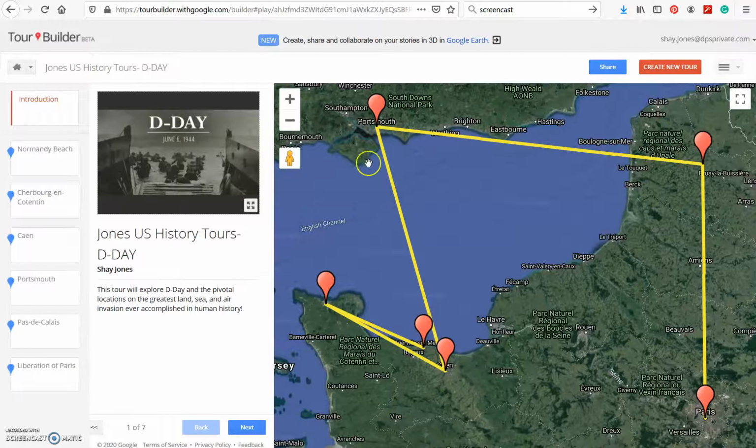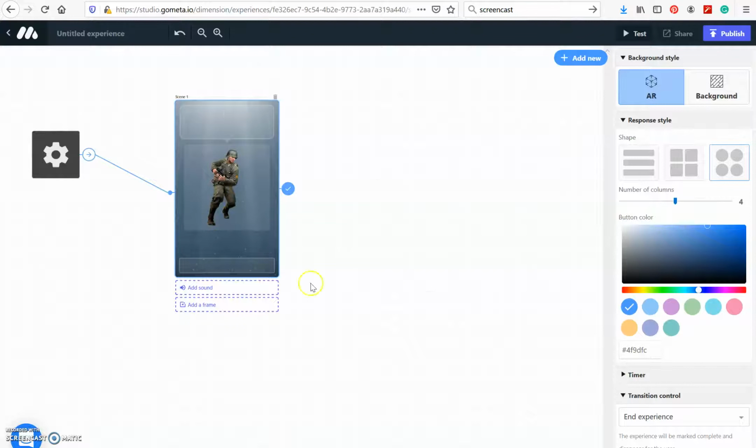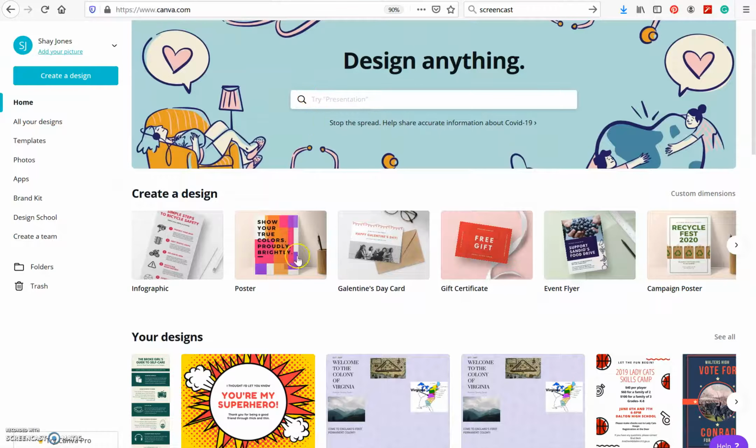I would show them this tour that I created for D-Day. Their main focus is location, and how does location impact the event. They would have their choice to either use the Google Tour Builder or Metaverse, and if they choose Metaverse, then they would create an artifact and present it to the class. And for their presentation, they would still have to create a graphic.